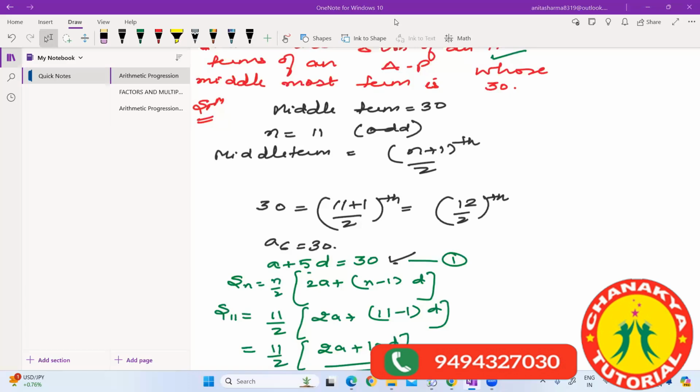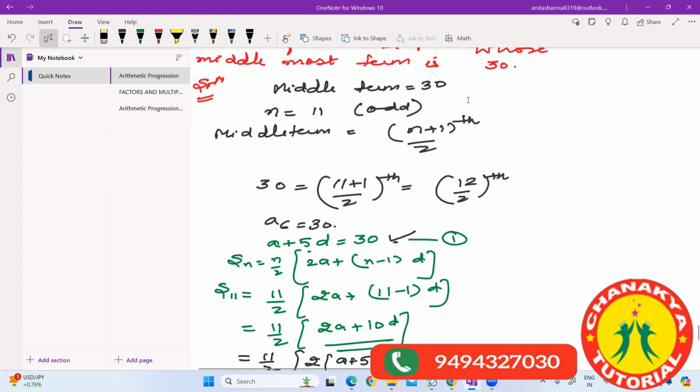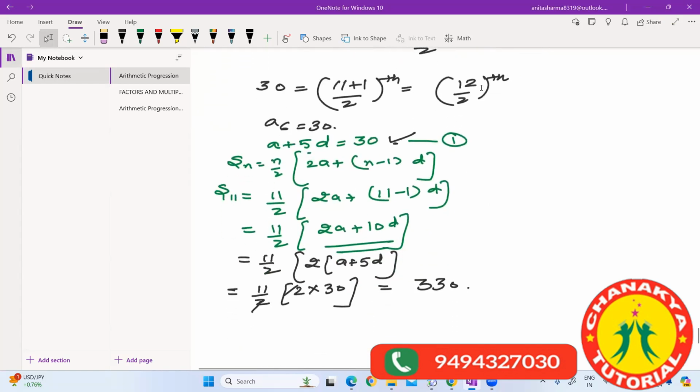Ma'am, I did not understand how we got the last answer. Which one, beta? The sum of 11 terms. Once you scroll down. Here we were writing 2 in brackets, a plus 5d.